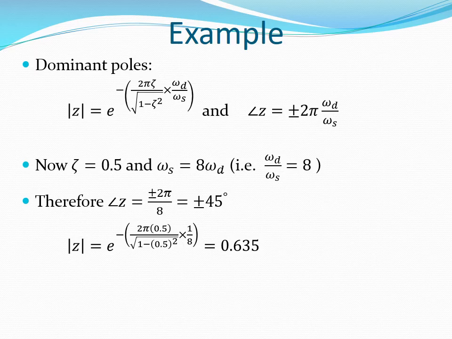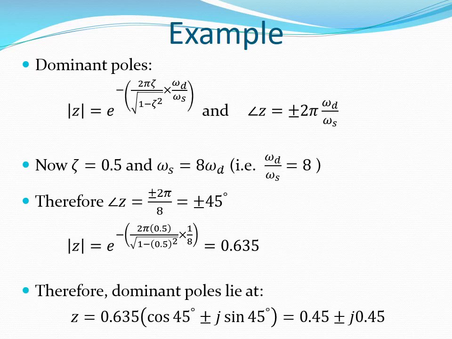The magnitude of the dominant poles is obtained as 0.635. Therefore, the dominant poles lie at the points 0.45 plus or minus j 0.45.